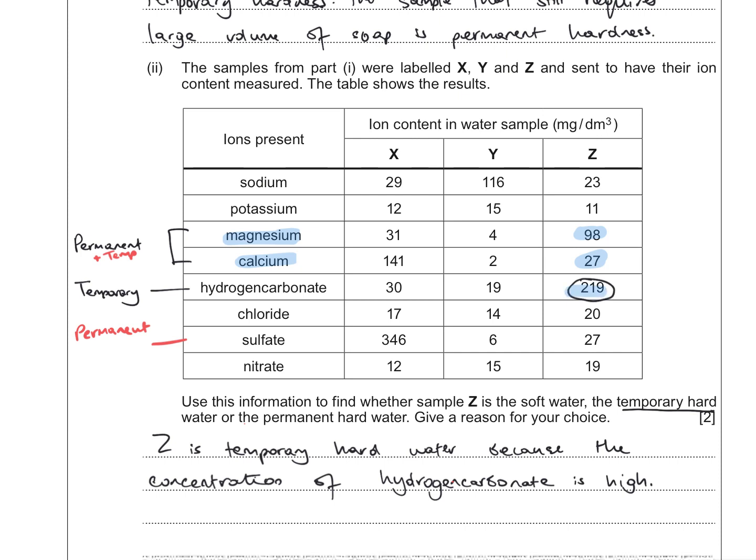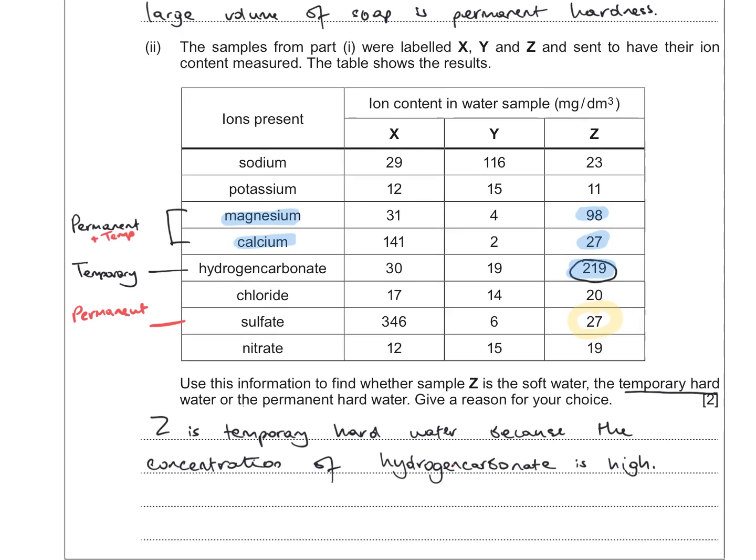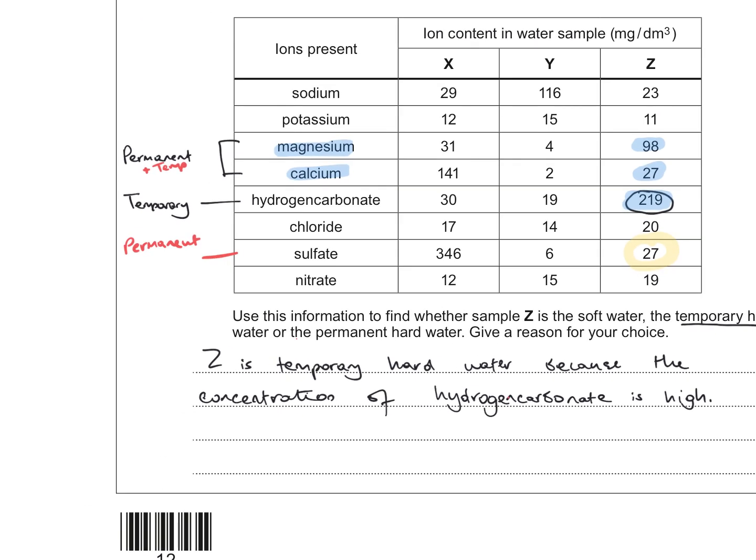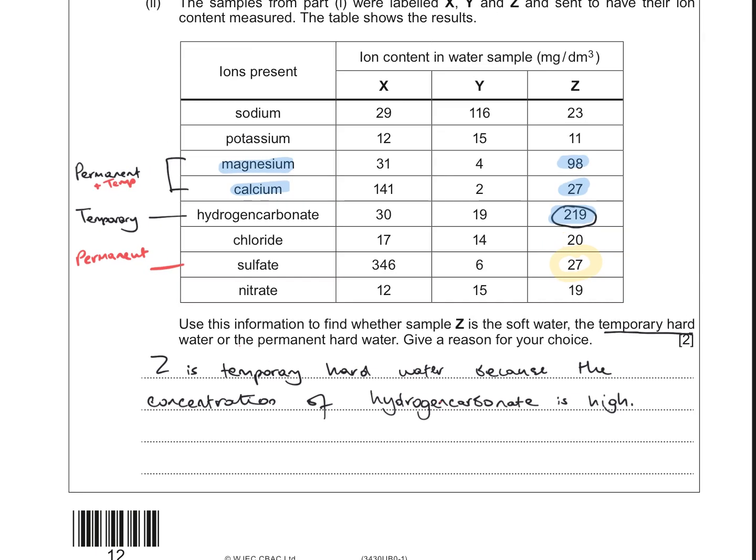But then look, it's got a high amount of hydrogen carbonate, but it doesn't have very much sulfate. So Z is temporary hard water because the concentration of hydrogen carbonate is high, calcium is high, and magnesium is high.